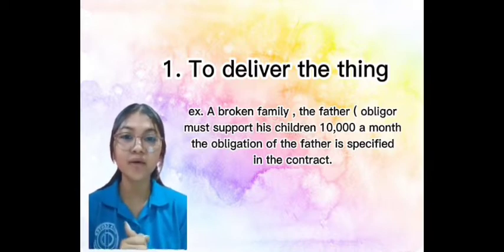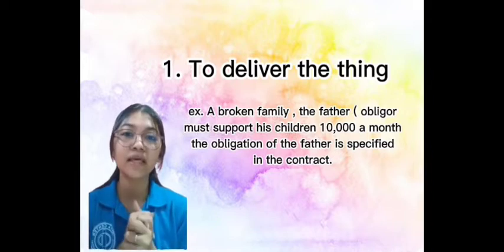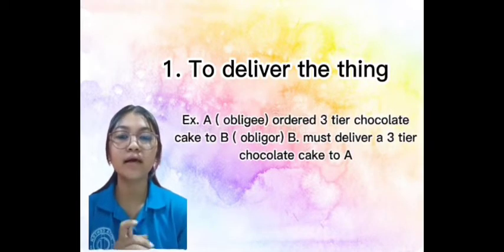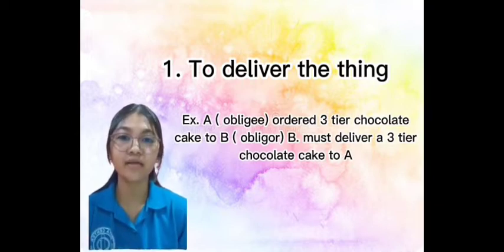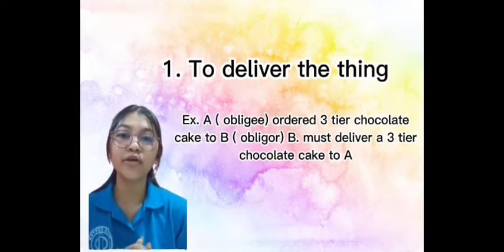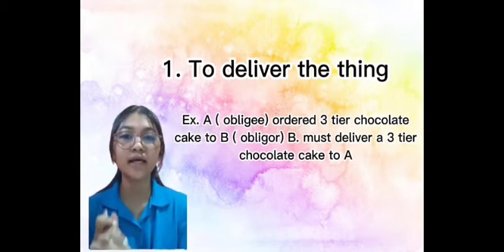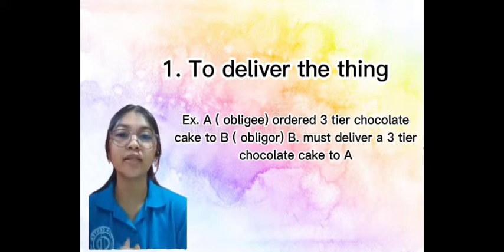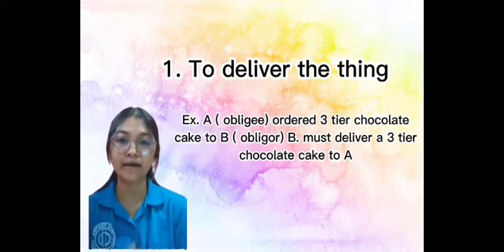So it must be 10,000 pesos every month, not whatever amount he likes. Example 2: A ordered a 3-tier chocolate cake from B. B, the obligor, must deliver exactly what A ordered, the 3-tier chocolate cake, not a yema cake or vanilla cake.